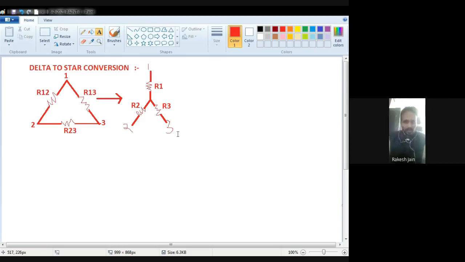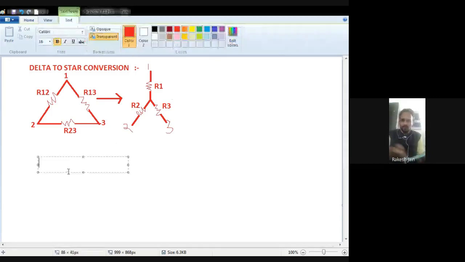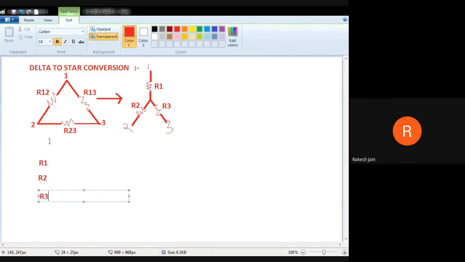It may be 2 ohm, 3 ohm, 5 ohm, 7 ohm, 10 ohm, 15 ohm, anyone according to the question. But the representation in the given question is related to the delta. Then to simplify the question, if you wish to convert it into a star network, your star network will look like this one, the right hand side.